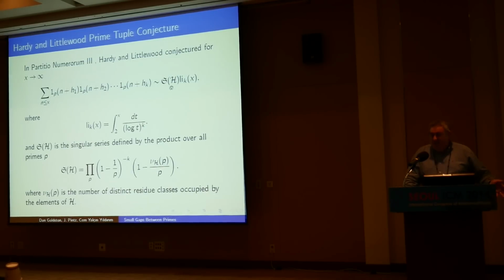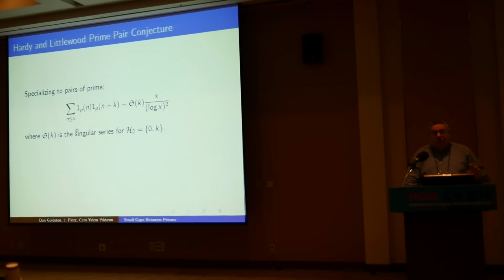There's a certain density function, which we call the singular series. And in the case of just pairs of primes, that's an asymptotic formula for the number of times that n and n plus k are simultaneously prime, or the number of times that the difference between 2 primes is k. We can't actually prove any of these conjectures, these asymptotic formulas.